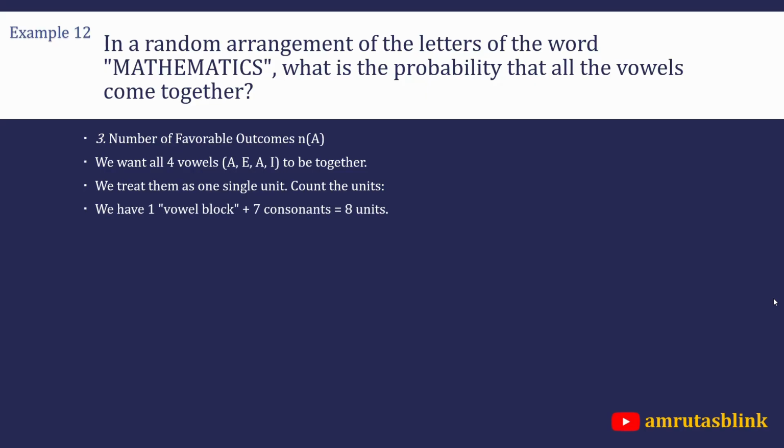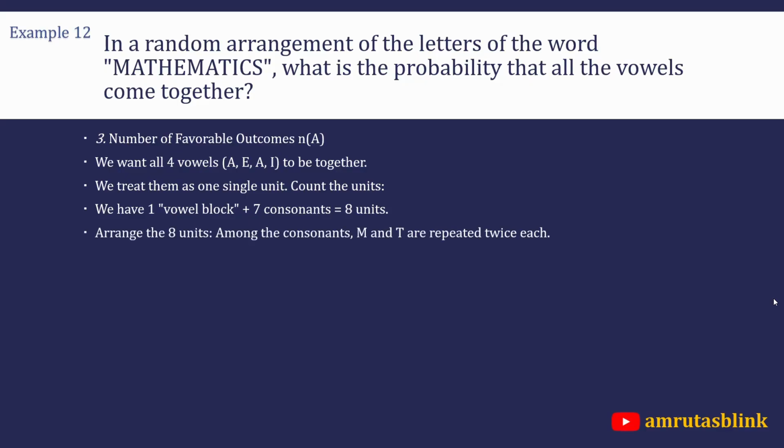There are 7 consonants, and these 4 vowels we consider as one block. So how many units do we make the arrangement with? That is 8 units, one vowel block and the remaining 7 consonants.